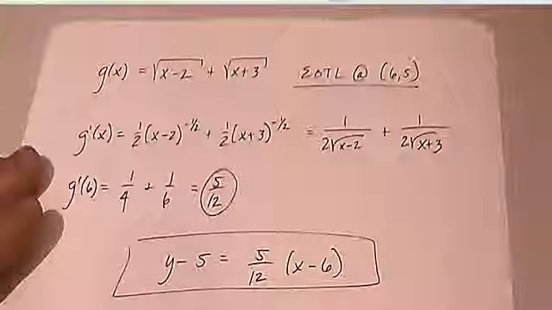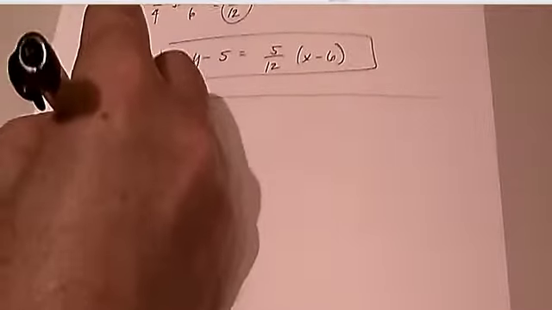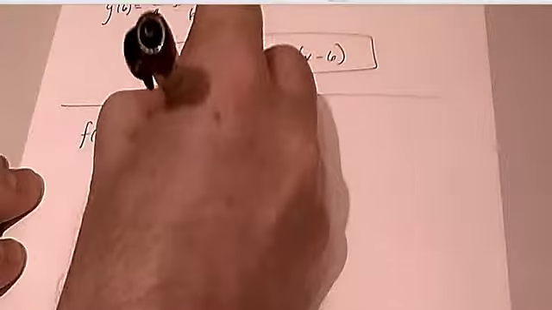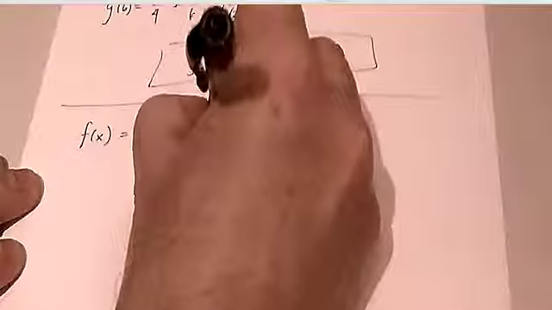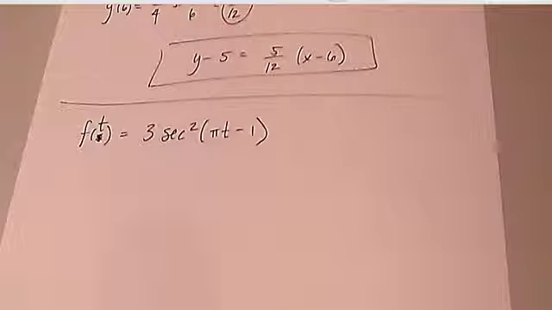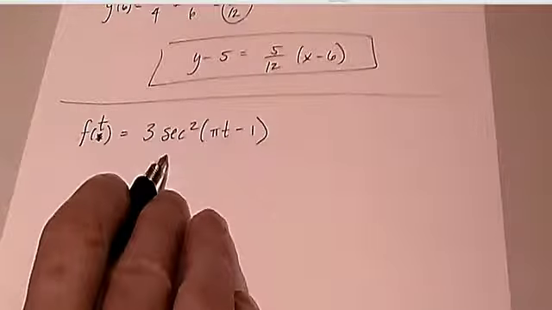Now, another chain rule problem. Let's go back to trig. We haven't done a trig one in just a little while. We have 3 secant squared of pi t minus, let's go ahead and turn that into a t right there, pi t minus 1. x, t, whatever, doesn't really matter. Now, what is the outside-most thing going on here?